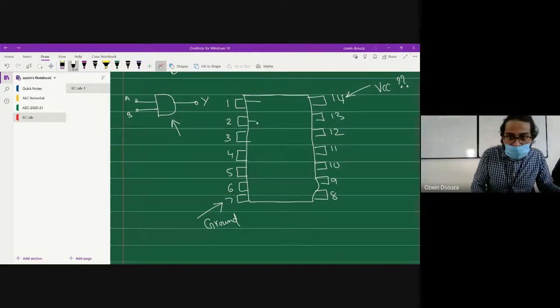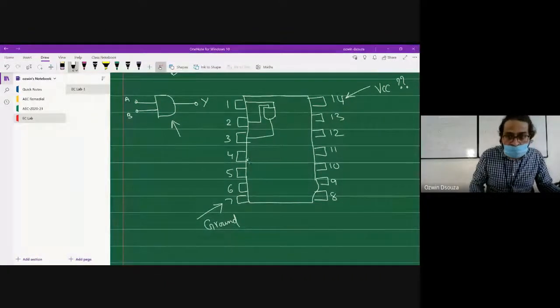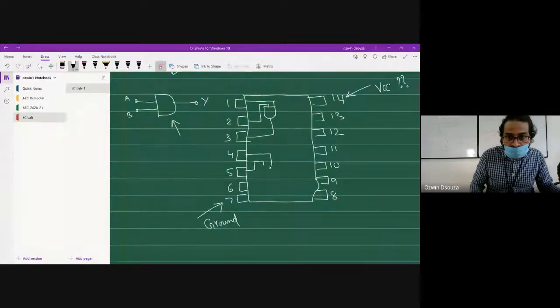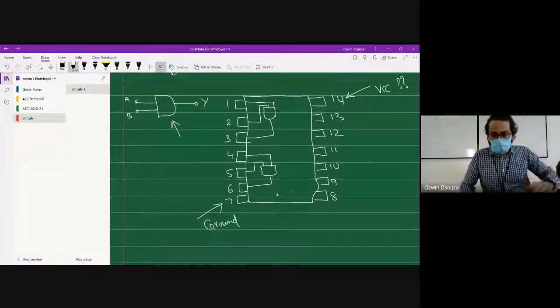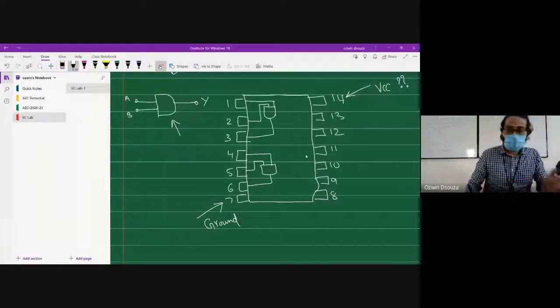Terminal 1 and terminal 2 stand for input, and terminal 3 is the output. Similarly, terminal 4 and terminal 5 constitute the input of the second AND gate, and terminal 6 is the output of the second AND gate. Similarly, the other gates are connected.